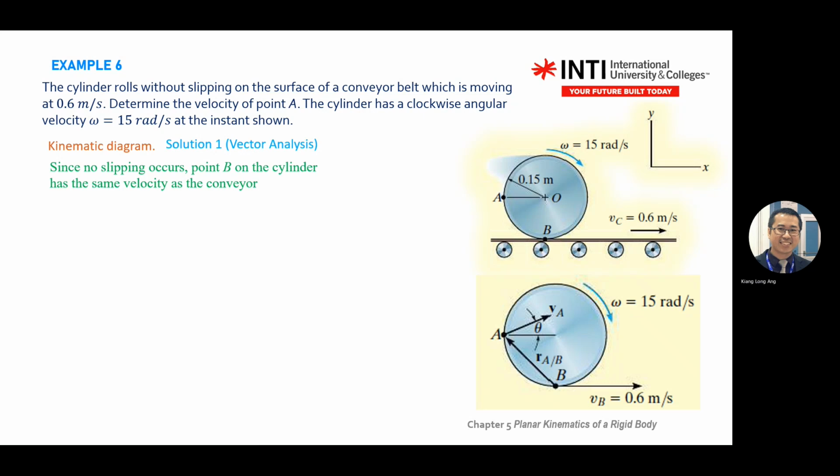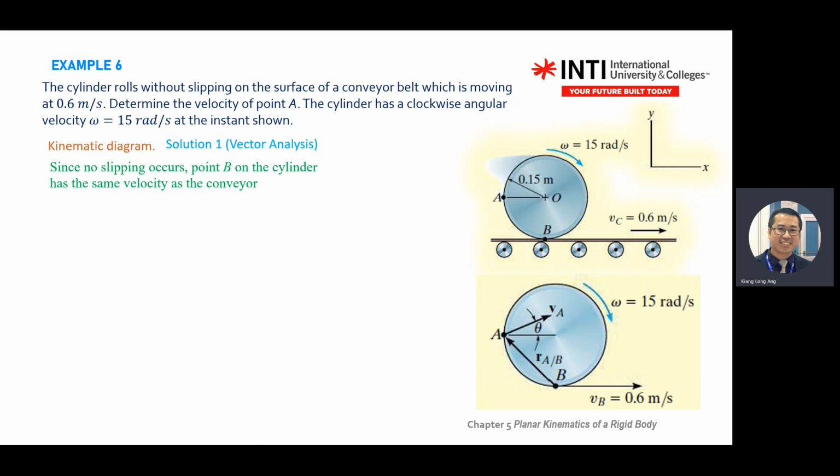Okay. So when you transfer the question into a free body diagram, the question will not tell you which object to draw. So you need to focus on the question itself. For example, this question, example 6, asks you about point A. So point A is on what object?